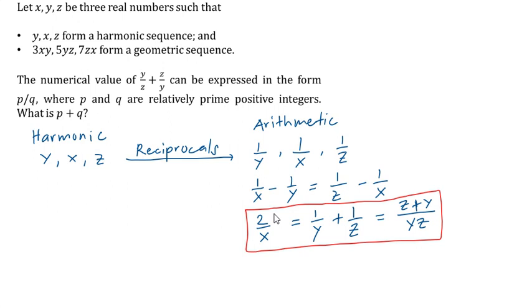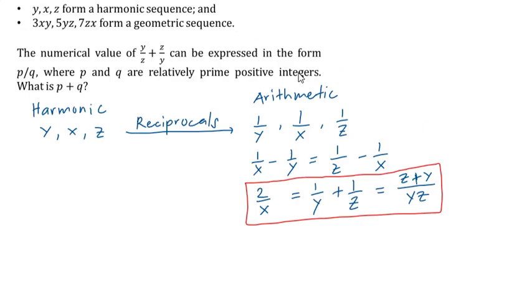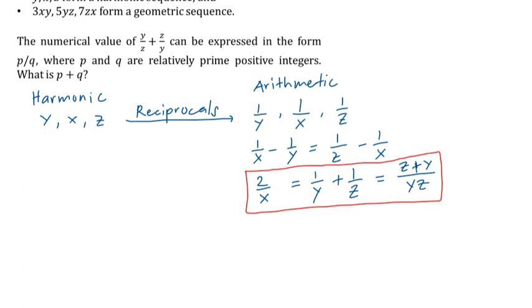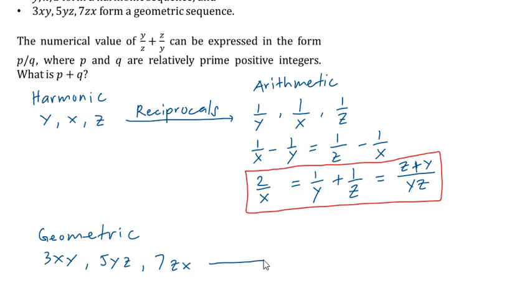Now, let's take the second given, the geometric sequence 3xy, 5yz, 7zx. Now, what do we know about a geometric sequence?